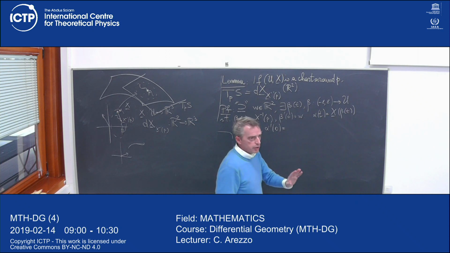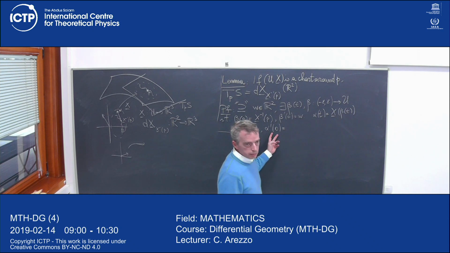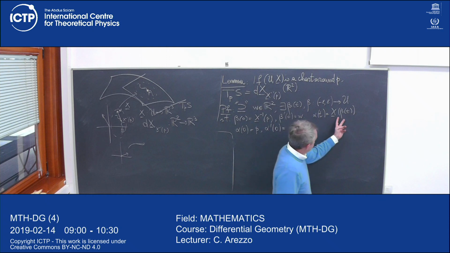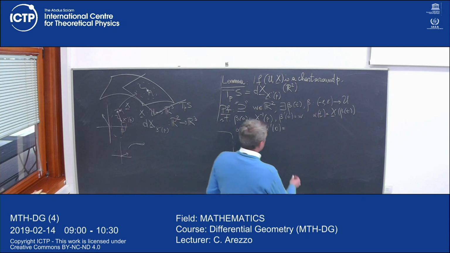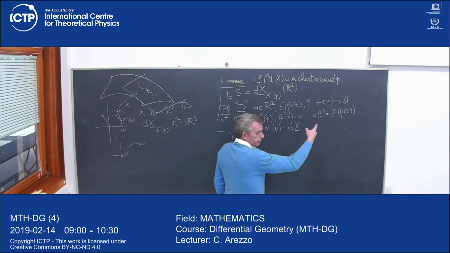Because the tangent space to the surface is, by definition, the collection of all these objects. Okay? So on one hand, you know that this is a tangent vector to the surface. But what is it? Well, it's the derivative of this evaluated at time 0. But this, you see, by my definition, is the generalized definition we discussed of the differential of x applied to the tangent vector to that curve.